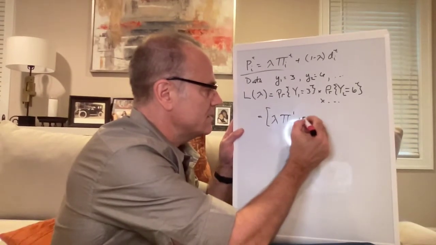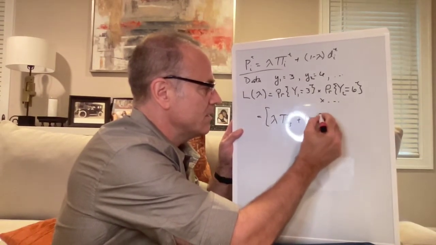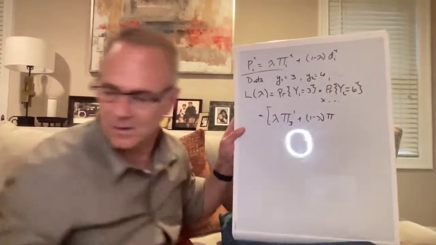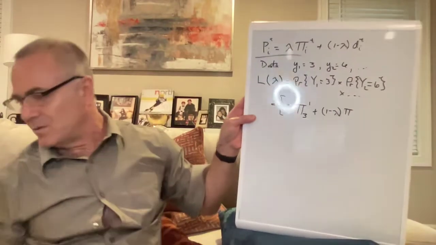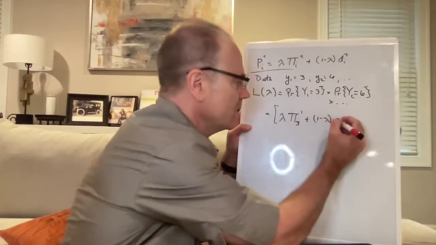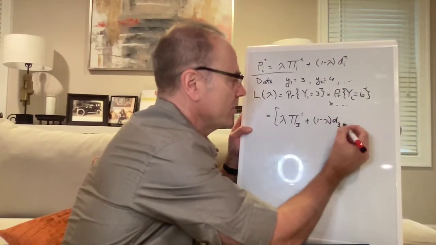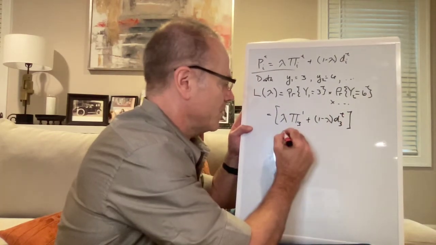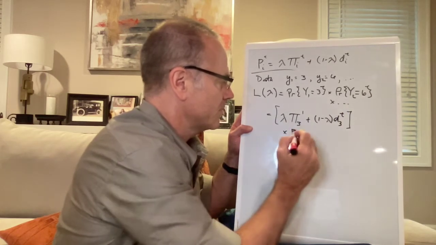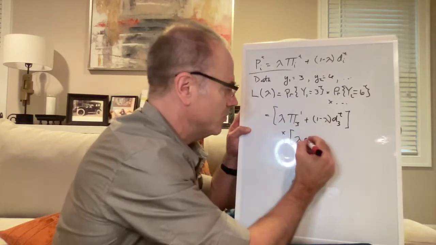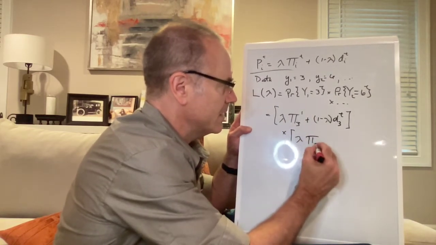Plus 1 minus lambda, times D 3t, that's a 1 or 0 variable, times lambda times, now we're in observation 2, pi 6.